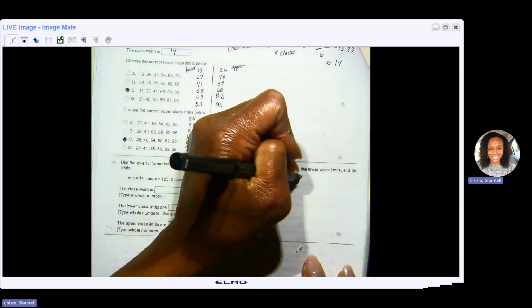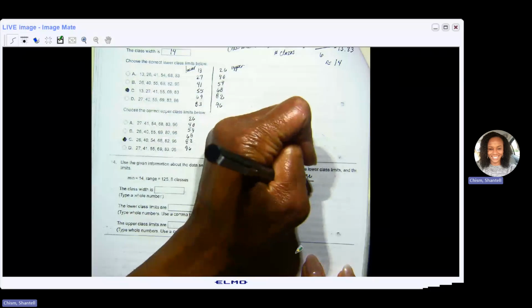Okay, that's what I essentially would say. But they don't give me the max. What they give me is the range. Well, max minus min is the range of the data. So essentially, that numerator, we can just say that's the range, and I'm going to divide that by the number of classes. So the range, I've got 125, and I'm told to use 8 classes.